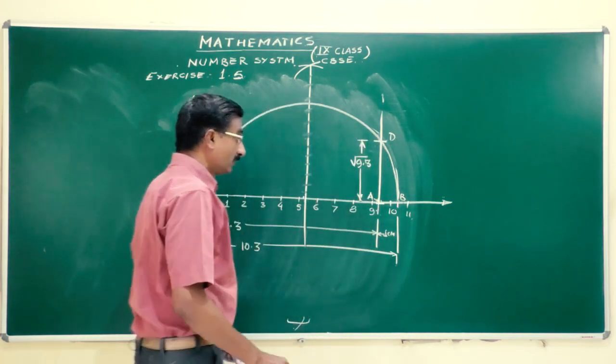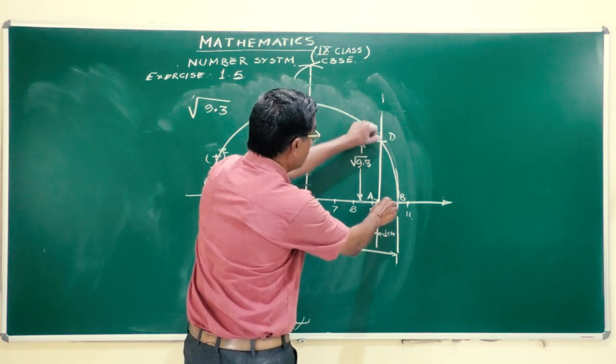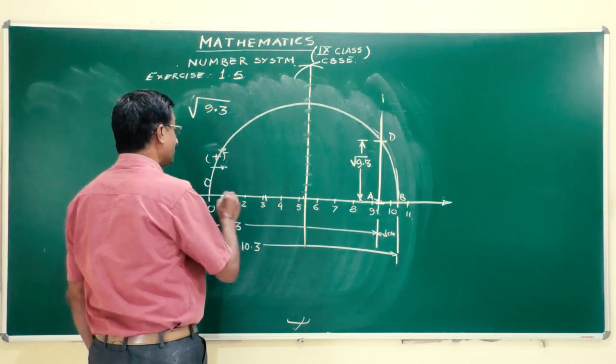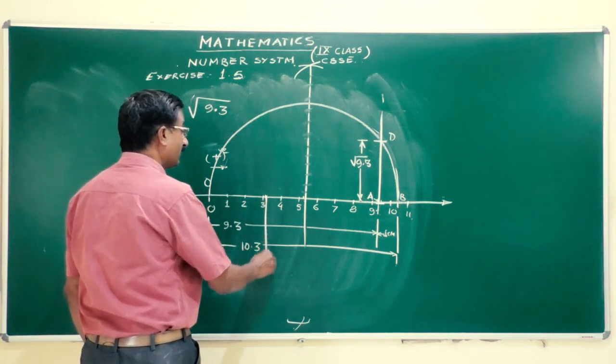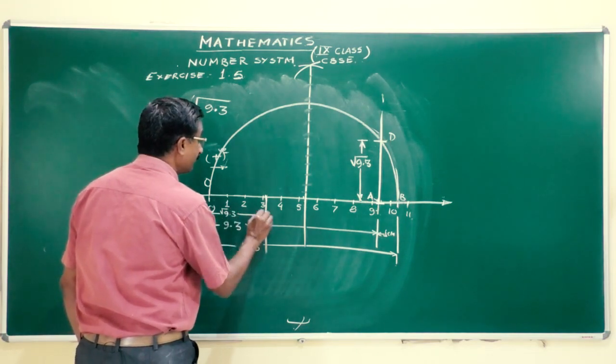Clear? So taking the compass and measuring this distance, make the arc here, so you will get this value somewhere after 3. So this is equal to under root 9.3.